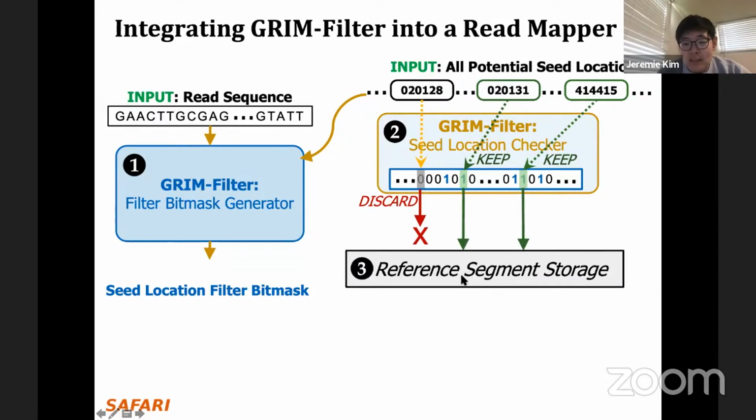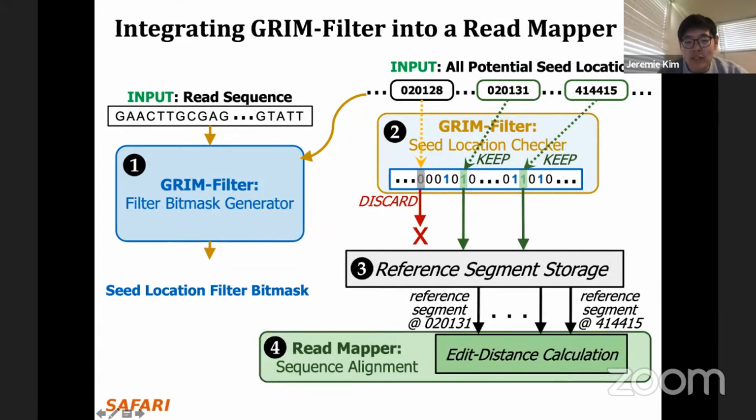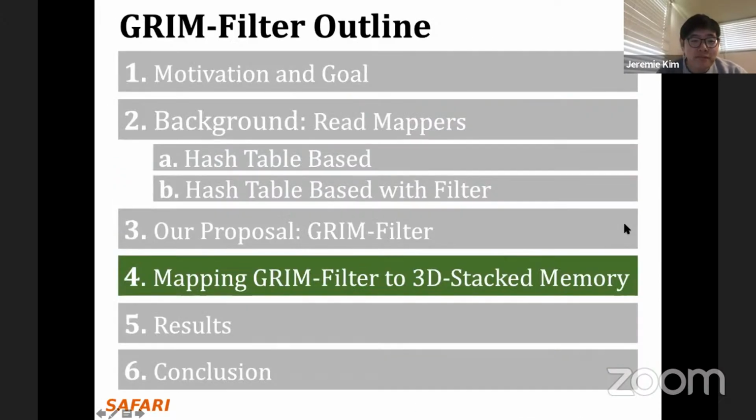We then send these locations to the reference segment storage, which extracts the segments from the reference. And then we finally calculate the edit distance using the read mapper. Here we see that we're discarding 1 out of 3 locations of the visible ones at least, and therefore we're saving time on the actual edit distance calculation. And then we output the correct mappings.